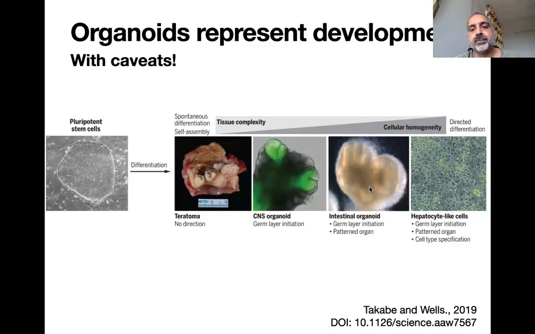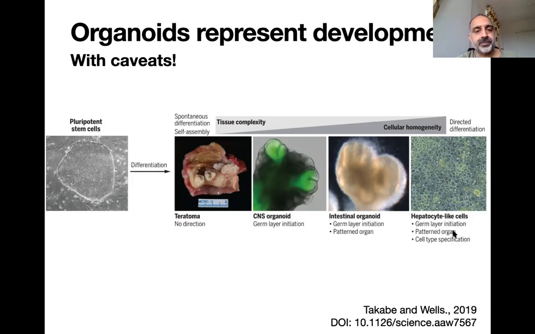And then steering differentiation even more, or even directing differentiation, here what's happening is you're adding cocktails of growth factors that are telling these stem cells to adopt a hepatocyte fate, and purely a hepatocyte fate. And this is what is being differentiated.